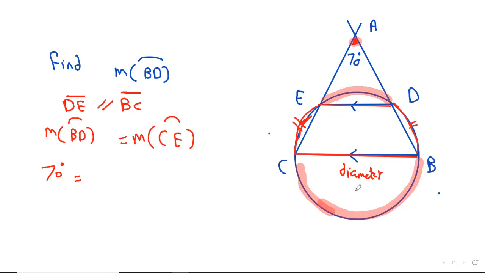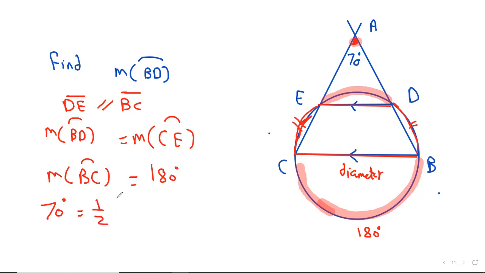So this arc here is equal to 180 because this arc represents a semicircle. So measure of arc BC equals 180 degrees because it represents a semicircle. And the angle 70 is an intersecting angle outside the circle, so it is half the difference between the two arcs. So it's half of BC minus DE.